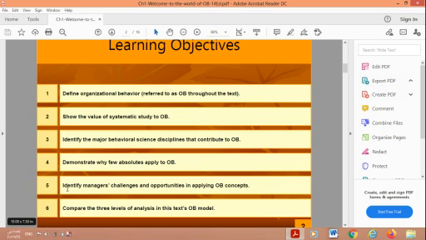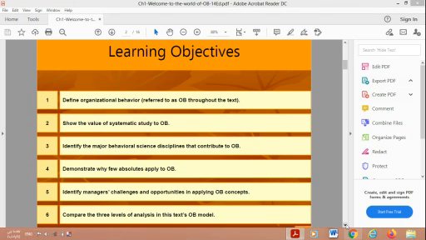Also, we will identify the manager's challenges and opportunities in applying organizational behavior concepts. And last, we will compare the 3 levels of analysis in the text's organizational behavior model.